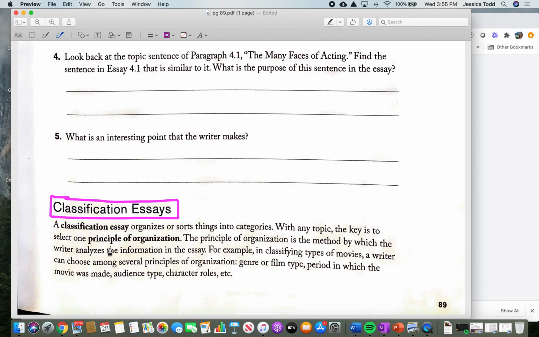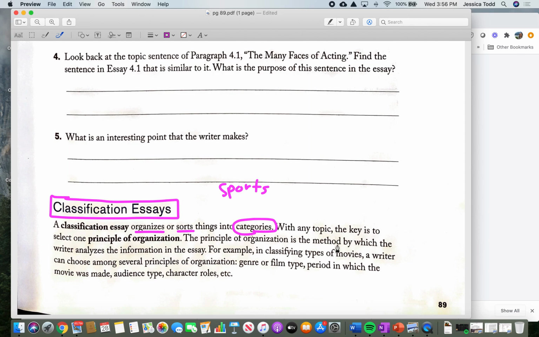A classification essay is the first type of essay that we're going to write in this class. And a classification essay organizes or sorts things into categories. And we already started doing this with the example of sports, right? We sorted, how can we put all of the sports into a couple of different categories, right?